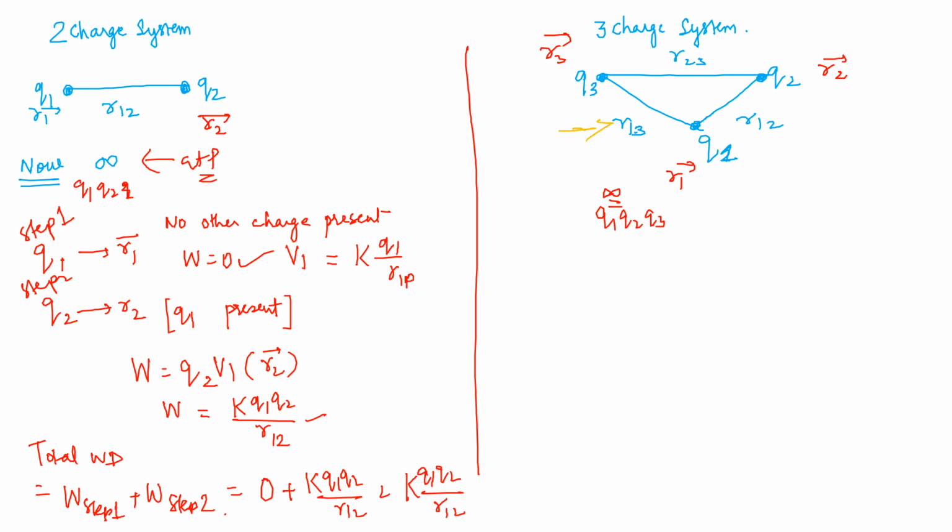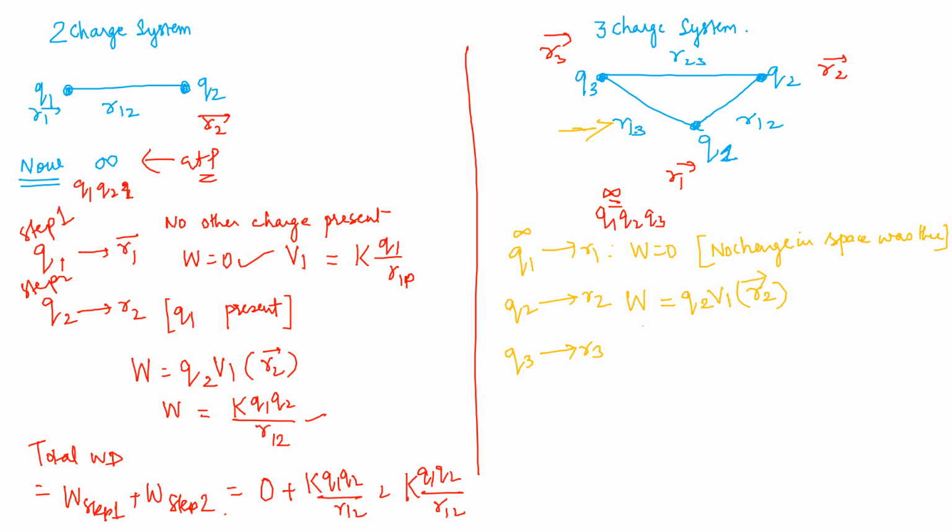Now Q1 is brought from infinity to R1, Q2 brought from infinity to R2, Q3 brought from infinity to R3. In case of the first, no work is done because no extra charge was present in space. In case of Q2, the amount of work done equals Q2 into V due to charge 1 at position vector R2.